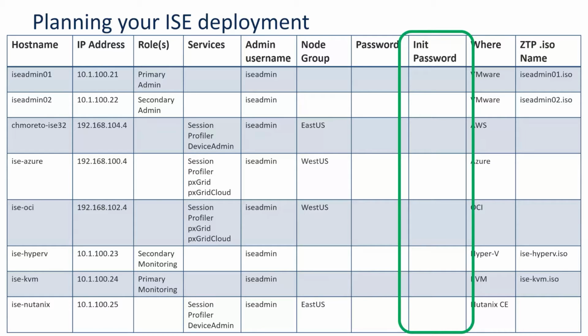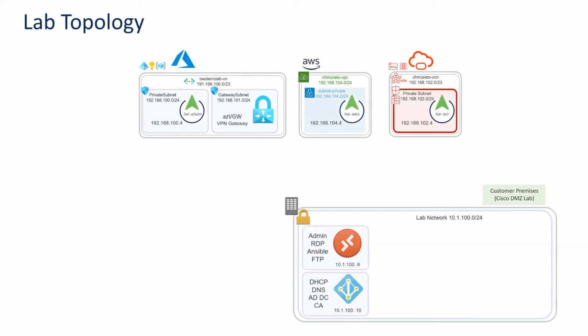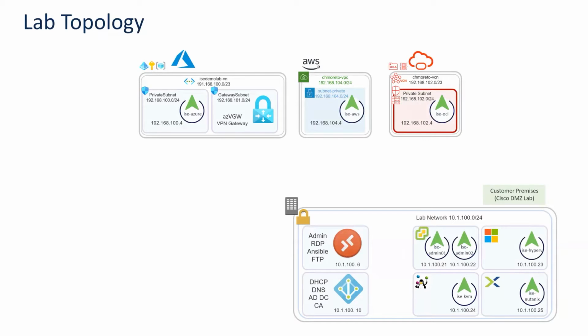So we're going to talk about the lab topology and how I have the lab set up for today's webinar. Of course, I've got all three clouds, and I'm going to have an ISE instance in every one of them. Then I have my lab in San Jose, and my admin node and my Active Directory, DHCP, DNS are all there. But I've also got all 4 hypervisors installed in this lab with ISE installed on those.